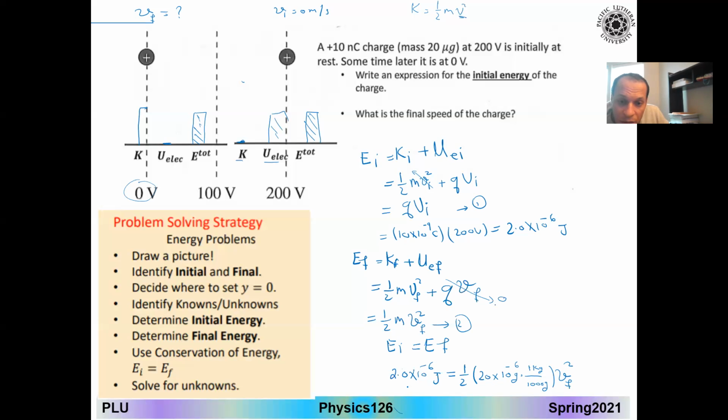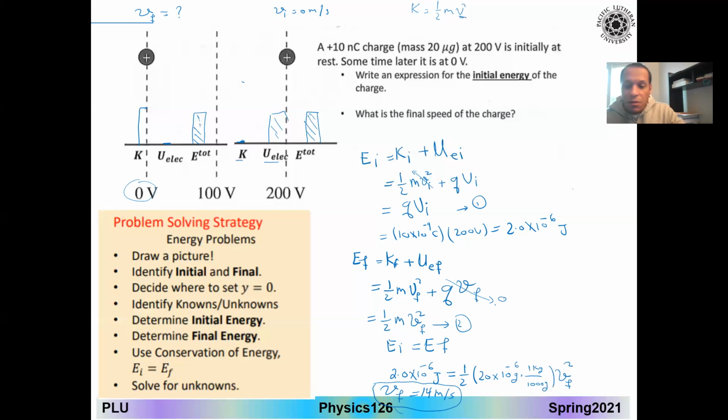Solving this equation, with one unknown, V squared, we end up with V final equal to 14 meters per second. That's the final answer in this situation.